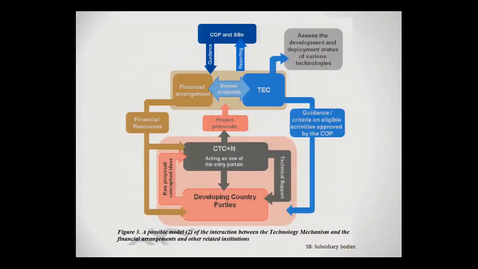We are very much interested in CTCN in terms of technology needs and capacity building programs. I borrowed this slide from the CTCN website. We would like to participate in this scheme for technology transfer and transformation together.